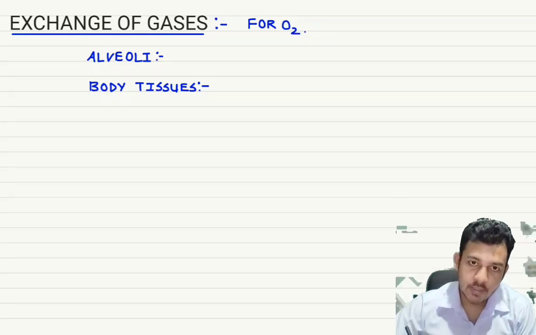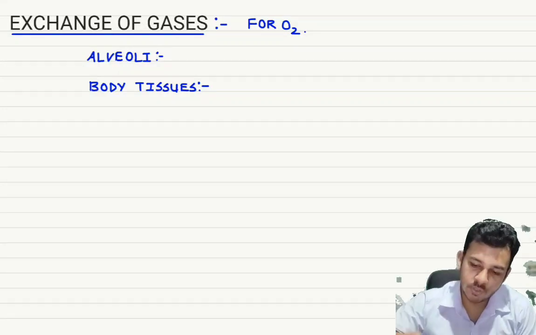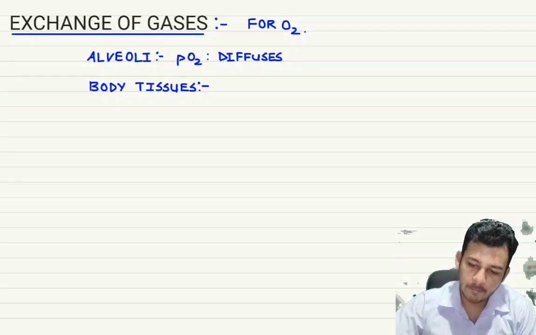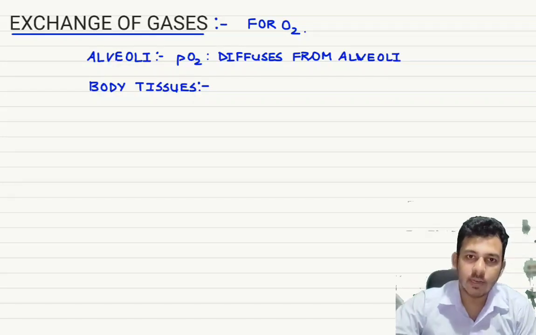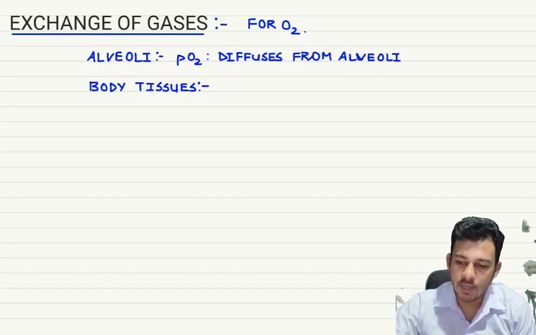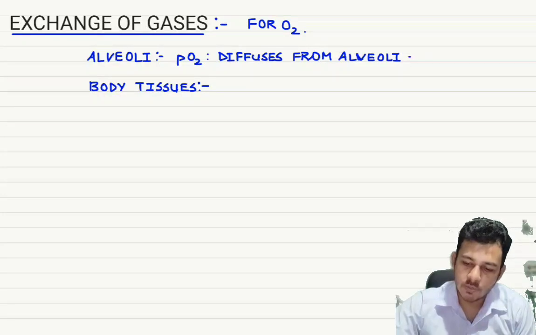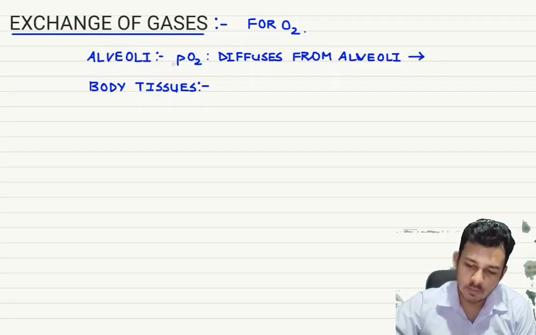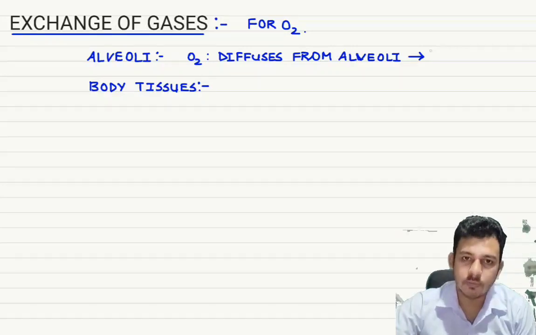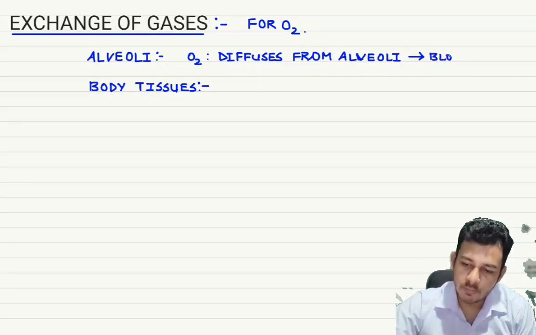In alveoli, the gradient for diffusion of oxygen is such that it diffuses from the alveoli to the blood capillaries present around the alveoli. We will have a detailed discussion as to how it looks and what happens. So the oxygen diffuses, not partial pressure, the oxygen diffuses from the alveoli to the blood.